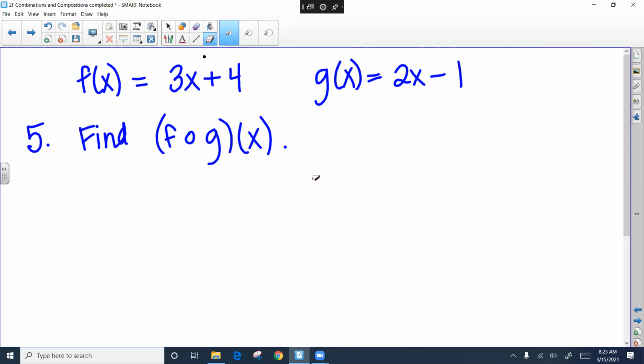So the first one is f of g of x. So if I rewrite it, it's like this. So you distribute it.